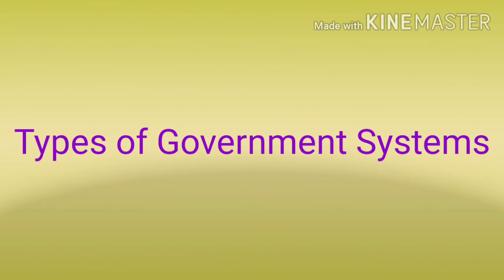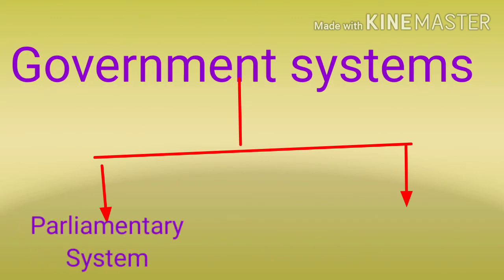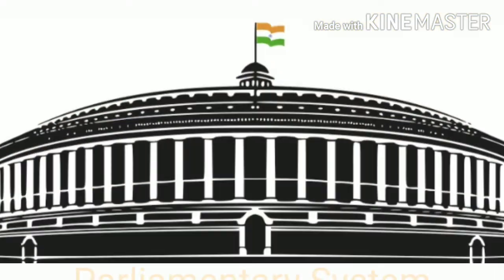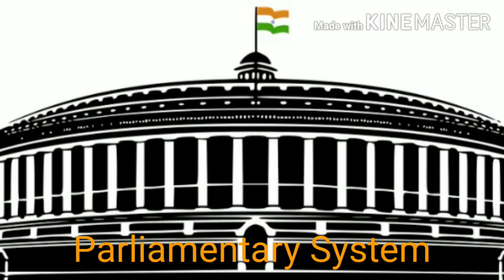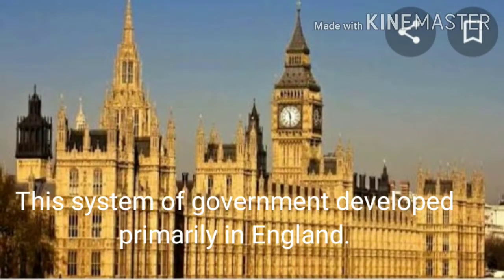Now let's see types of government systems. Students, there are two types of government system. First one is parliamentary system and the next one is the presidential system. Now let's begin with the parliamentary system of government. Students, this system of government developed first in England.